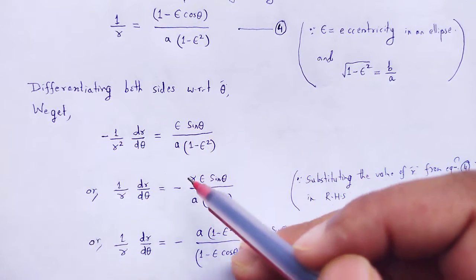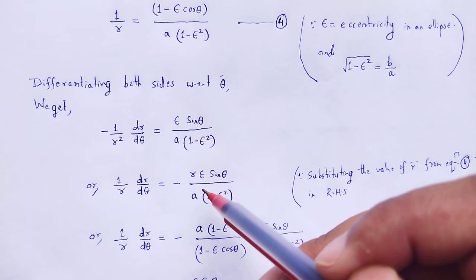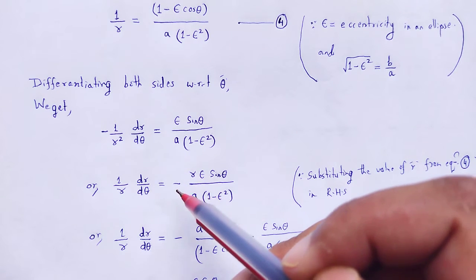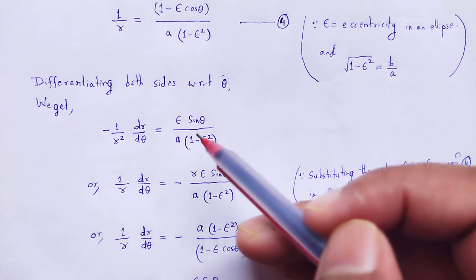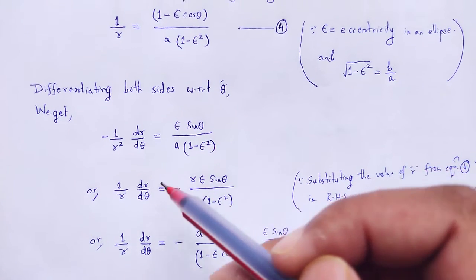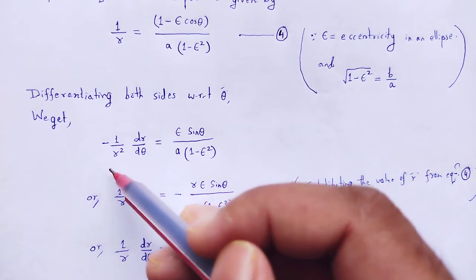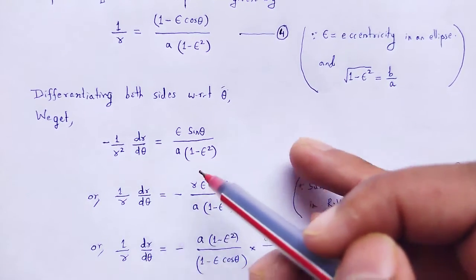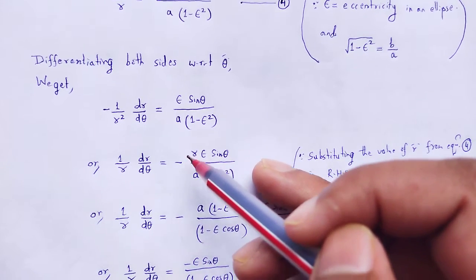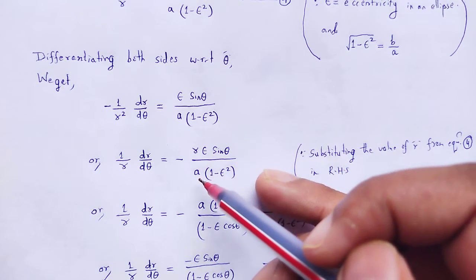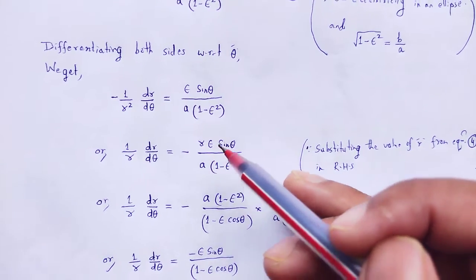Multiplying by r on both sides, 1 by r dr by d theta is equal to minus r epsilon sin theta divided by a(1 minus epsilon square).